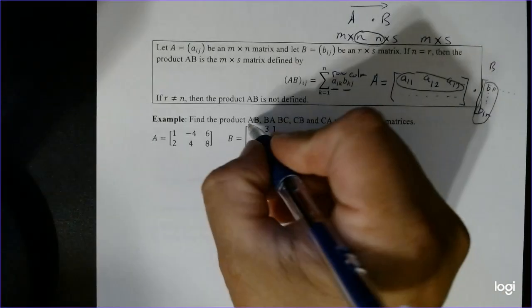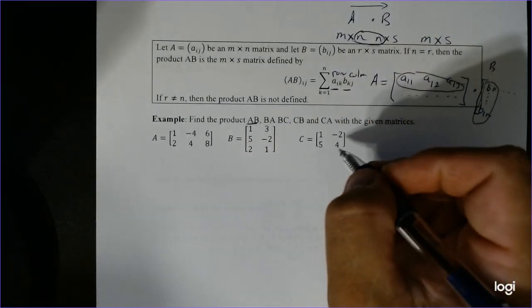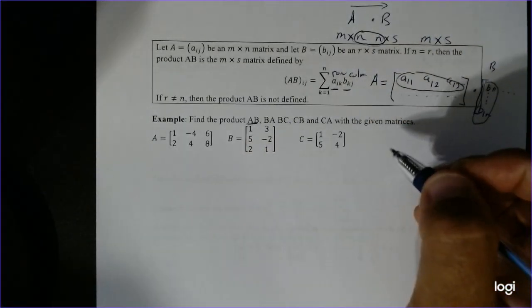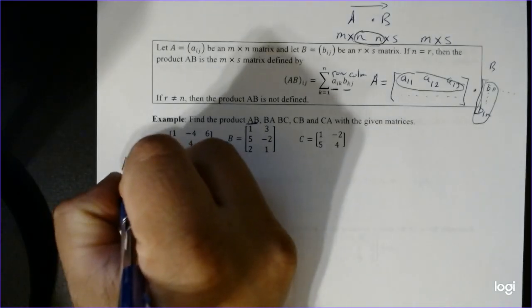So find the products AB, BA, and all the rest of them. Okay? So we'll just go down the list. AB first.